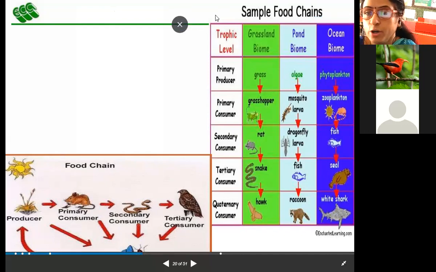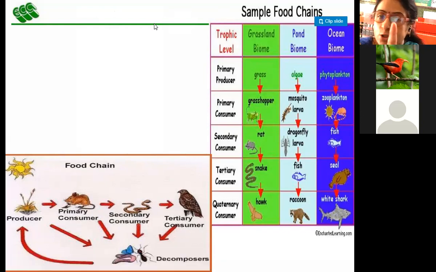Because in order to sustain, can a tiger consume only one deer for its whole lifetime? No. It has to consume at least 100 deer in its complete lifetime, or more than that.